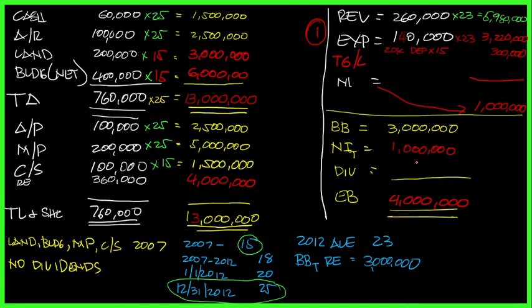Dapat 1 million lang. So, minus 1 million. Meron tayong translation gain or loss na 1,460,000. Yan, 1, 2, 3.